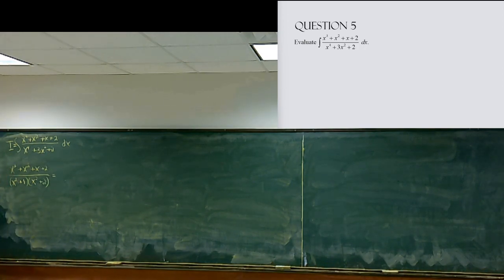What is the first factor? A over x squared? Not linear, it's an irreducible quadratic. That's going to be different.